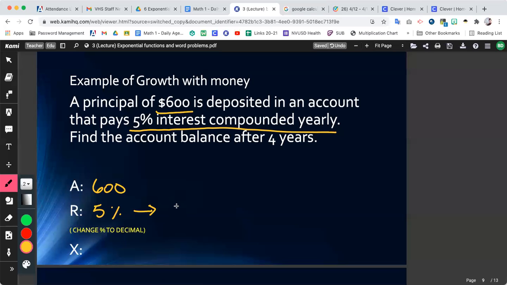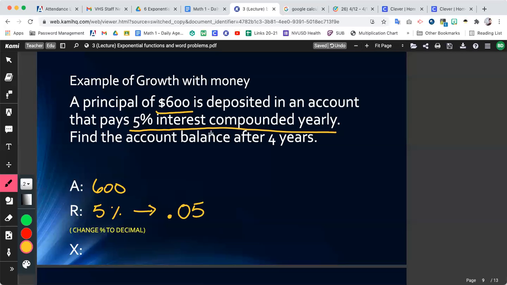So 0.5 wouldn't be 5 pennies, that'd be 50 pennies. So what's 5 pennies? 0.05. Very, very important. There's a big difference between 0.05 and 0.50. So remember, to convert a percent into a decimal, think about pennies. 5% is just 5 pennies, like 5 cents.